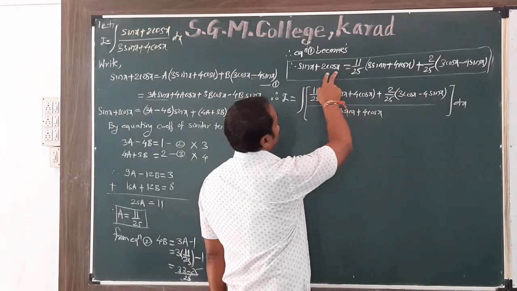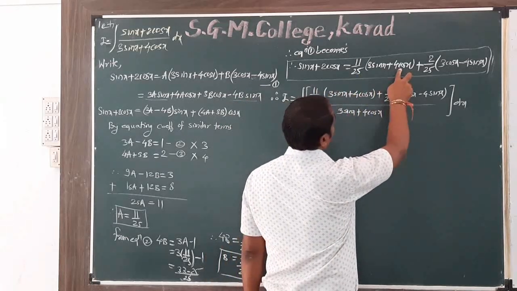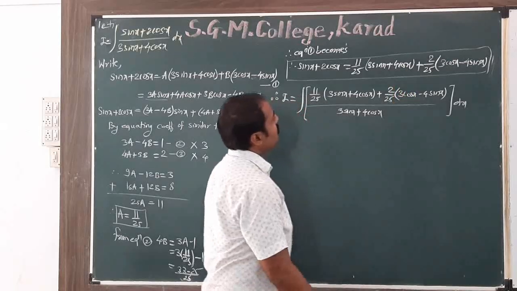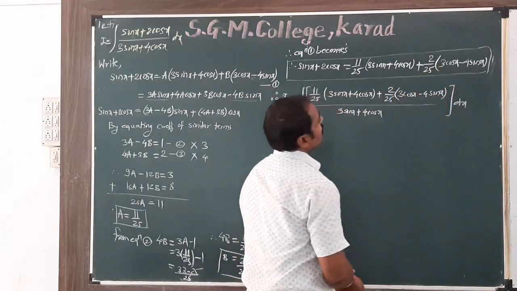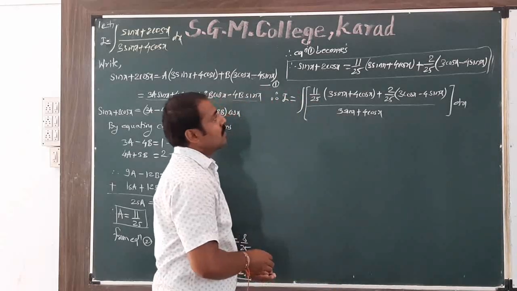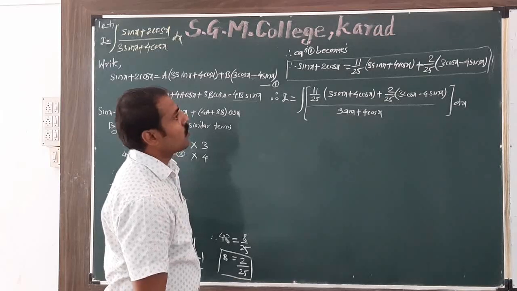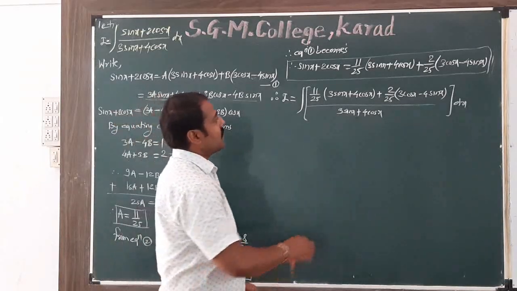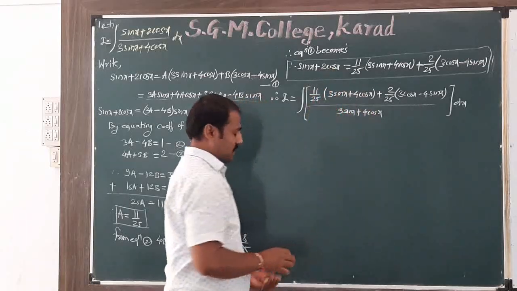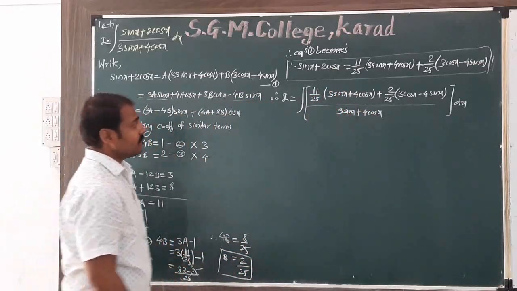Here coefficient of cos x is 2. Multiplying by 11 upon 25 into 4 cos x, 44 cos x, plus 2 into 3, 6. 44 plus 6, 50 divided by 25, 2 cos x. Means that the values of a and b are correct.